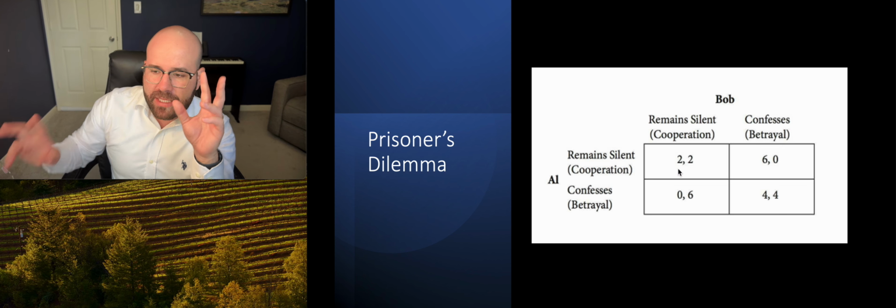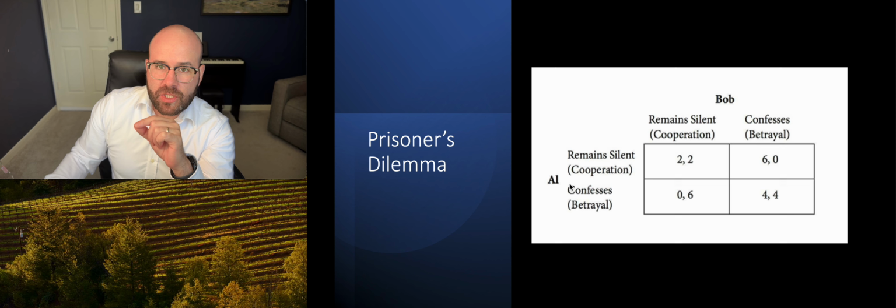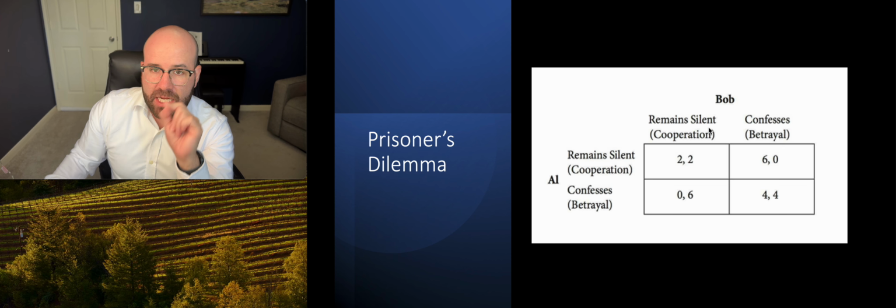And yet, even though that's the rational thing to do collectively, when you consider Bob or Al's options individually, it seems like the rational thing for Bob, or Al, is actually to confess. And you go, well, why is that?